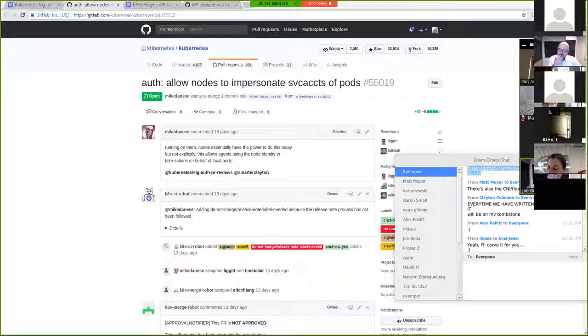Yeah, so specifically in the case where somebody has fully owned a node, I don't know if there's a world that we can live in where they don't have access to every single service account of workloads running on that node. I disagree with that, because I think a node is a separate entity from the service running on top of it, right?